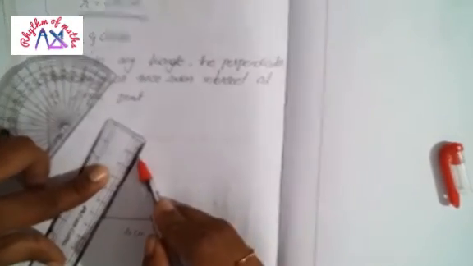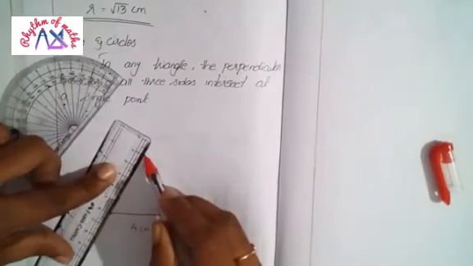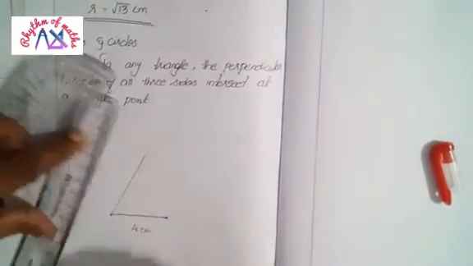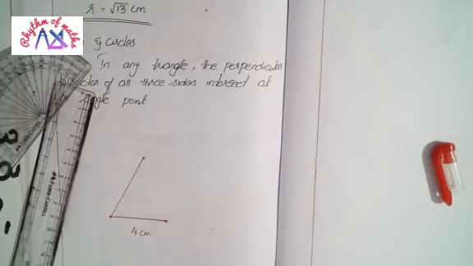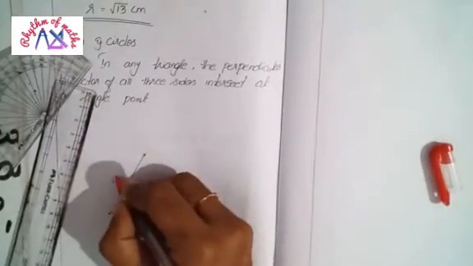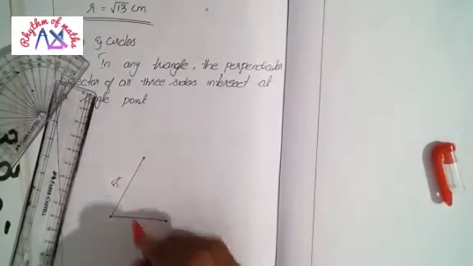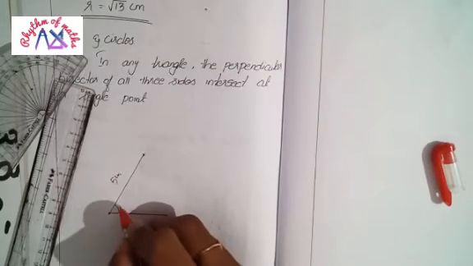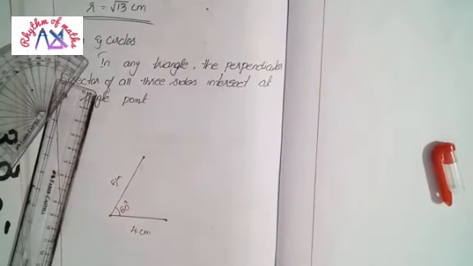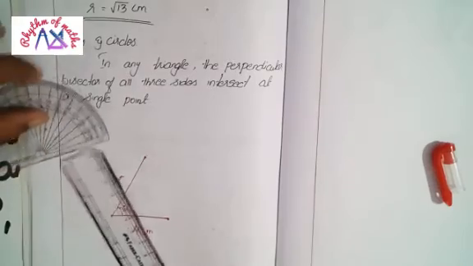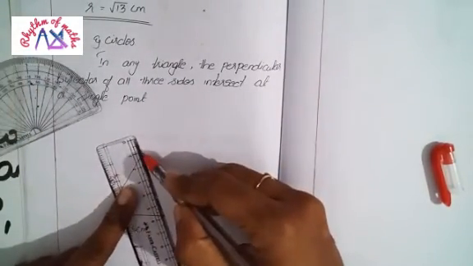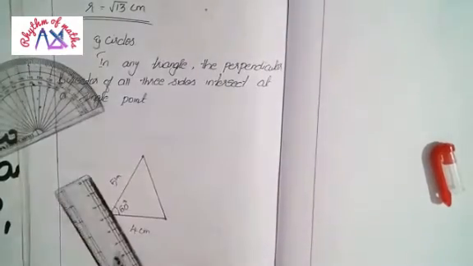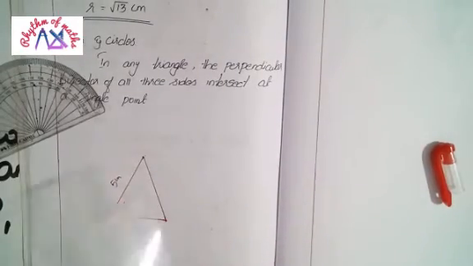So up to 5 is enough. No need to complete the line. So this is 5 centimeter, this is 4 centimeter, and the angle between them is 60 degree. Now in order to complete the triangle, just by joining these two endpoints we will get the third line. So this is the triangle.